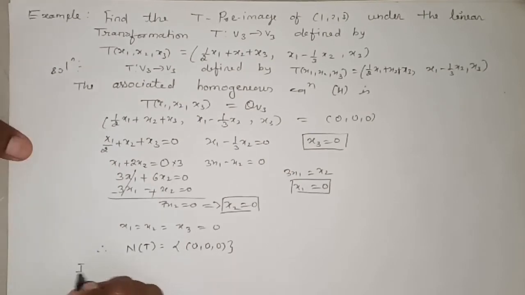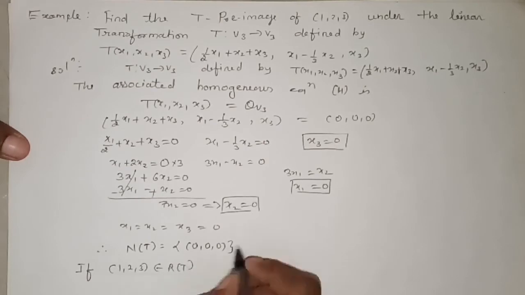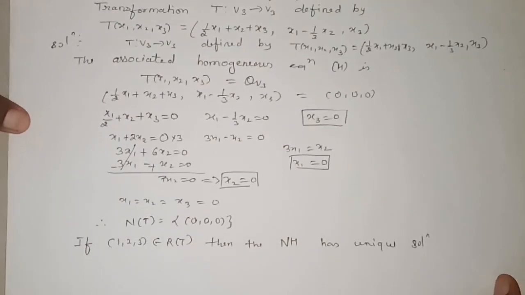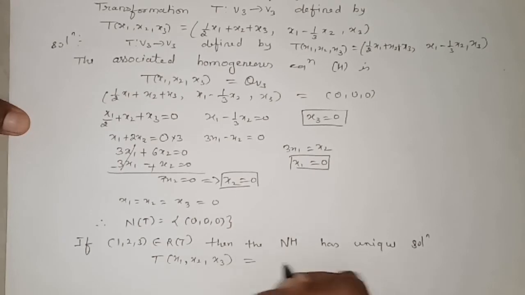Therefore if (1, 2, 3) belongs to the range of T, then the non-homogeneous equation has a unique solution. Therefore T of (x1, x2, x3) is equal to (1, 2, 3).